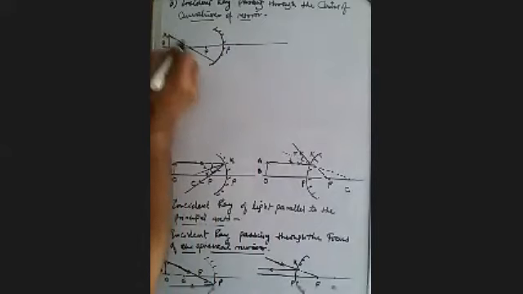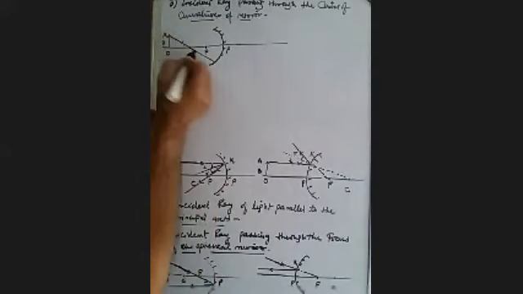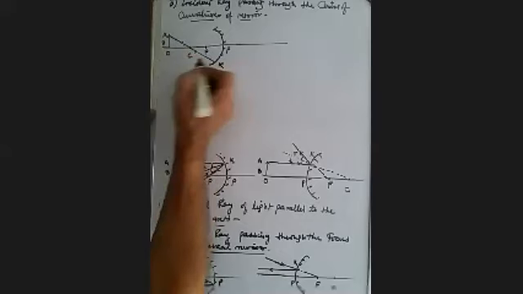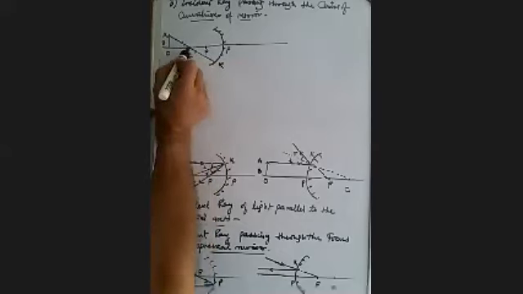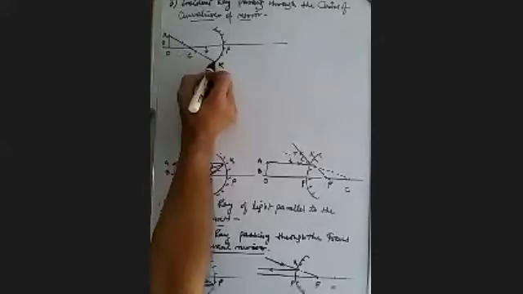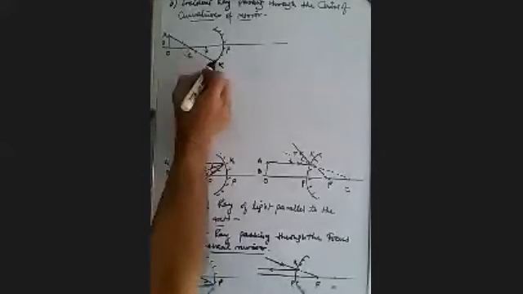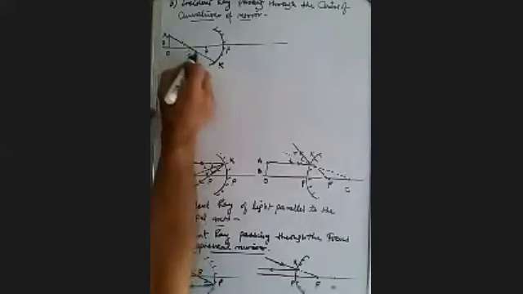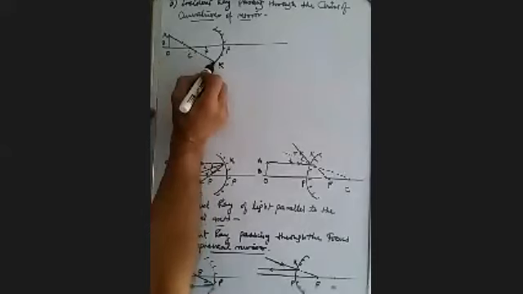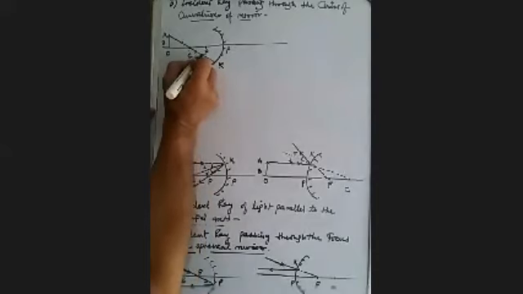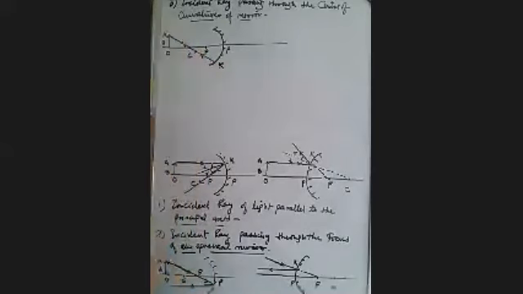So it will move in this direction from A to C and then forward, and it will meet the mirror at point K. Now, if you remember, the line joining the center of curvature and any point on the mirror acts as a normal at that point. Now this ray is incident normally at point K. So when it is incident normally, it will be reflected in the same direction along the same path.